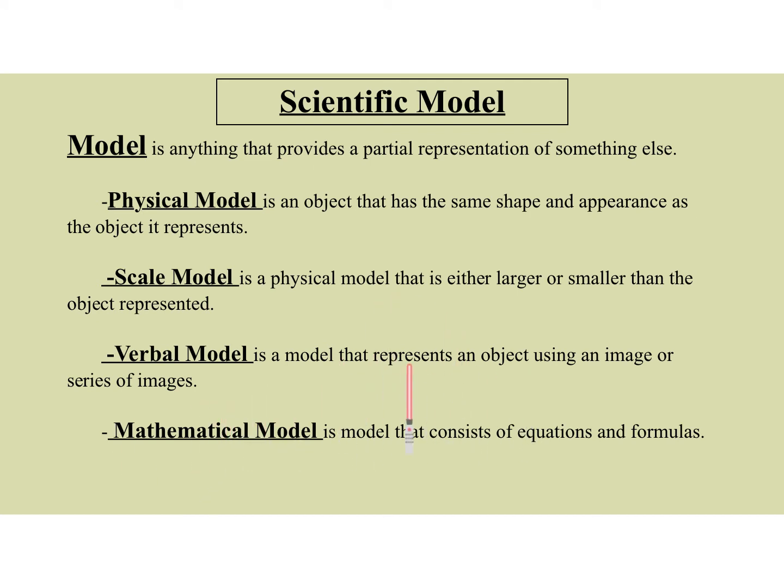And then you have a mathematical model, which consists of equations and formulas. Typically, these models are used in science to describe relationships between variables. Keep in mind that models will never provide a complete picture of what they represent.